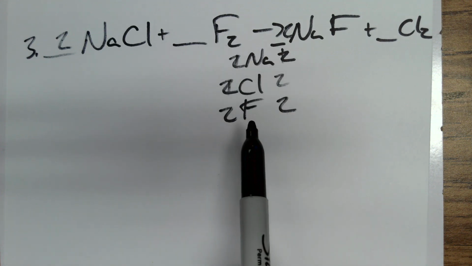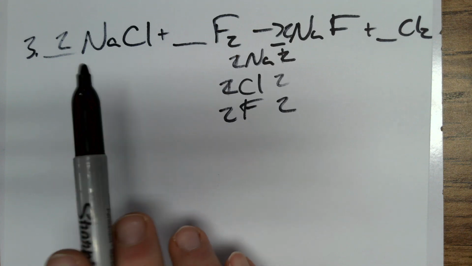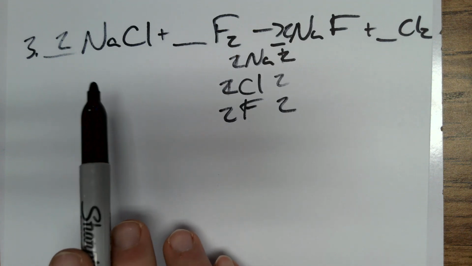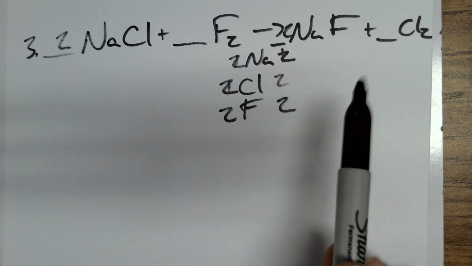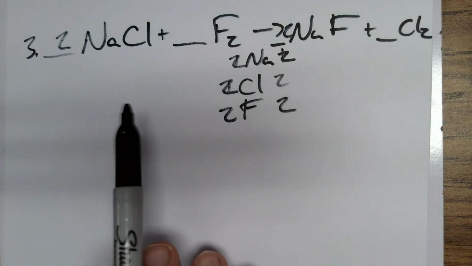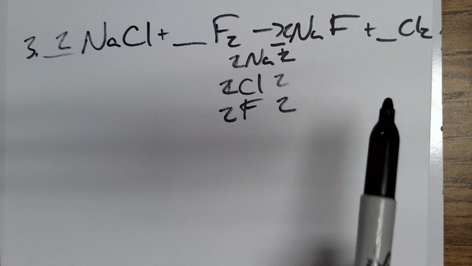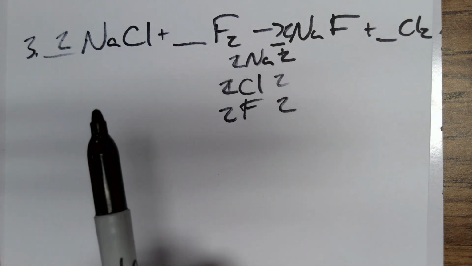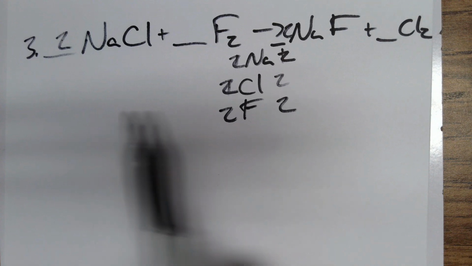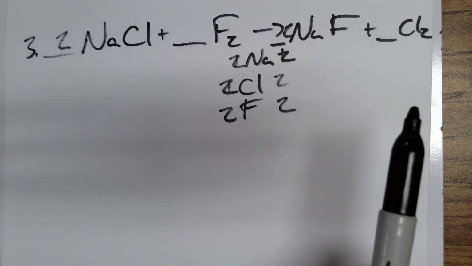Boom, boom, boom. However many sodium atoms I have on my left-hand side, my reactant side, I have to have that many sodiums on my product side. However many chlorine atoms I have on my reactant side, I have to have that many chlorines on my product side. However many fluorine atoms I have on my reactant side, I have to have that many atoms of fluorine on my product side. Ma'am.